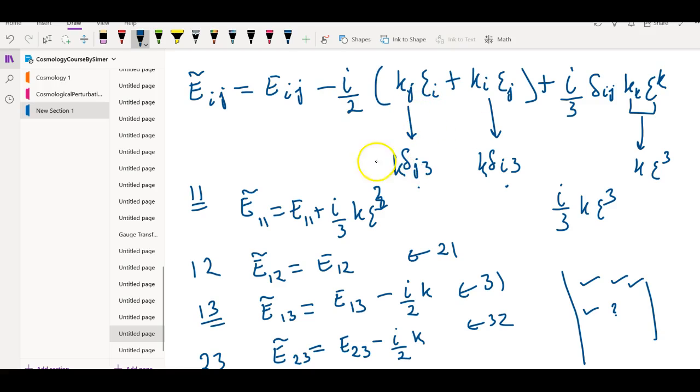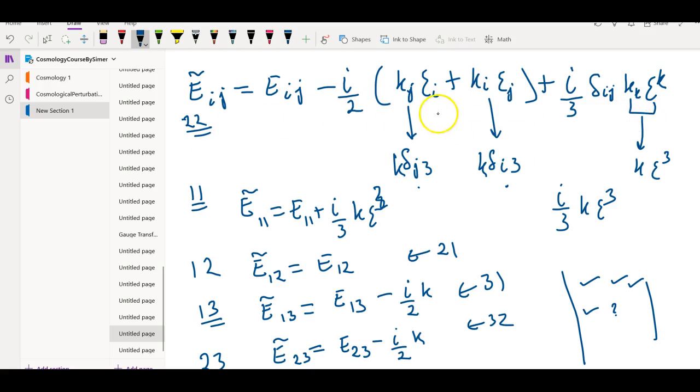So the 2 2 component will be this: this is 0, this is 0, this is k psi 3.